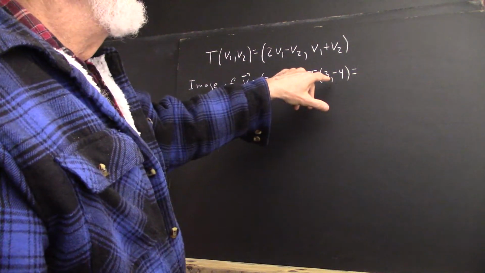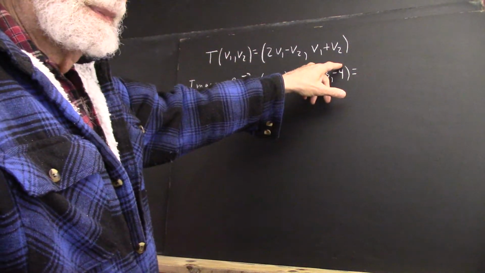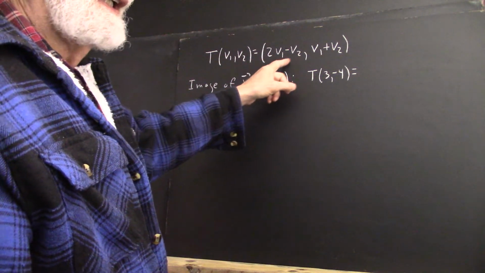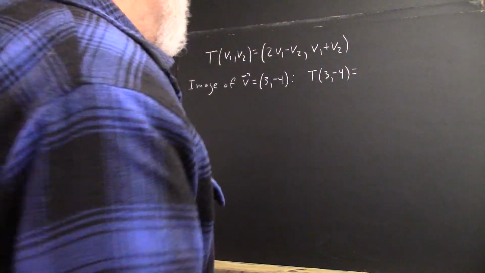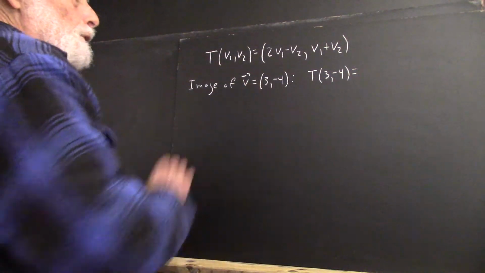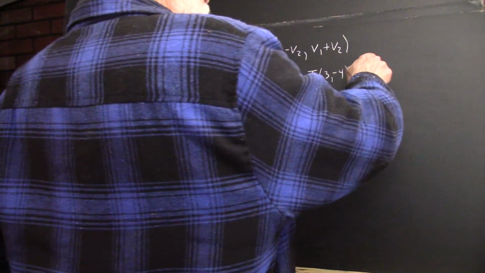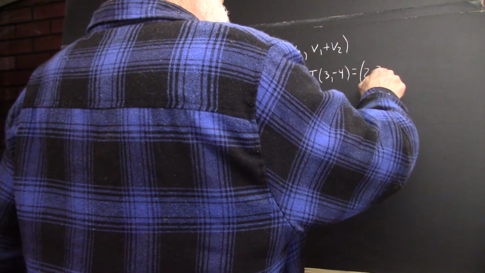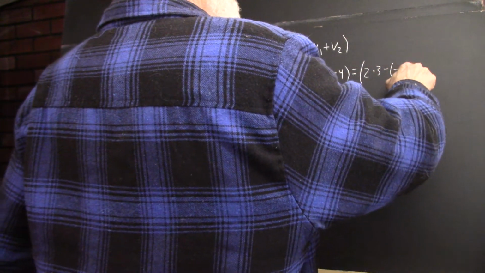Okay, T of 3, negative 4, where T of v1, v2 is this transformation where I specified the constants that I indicated previously as A, B, C, and D. Now it's 2, negative 1, 1, 1. Okay, the image of V equals 3, negative 4. Well, T of 3, negative 4 equals 2 times 3 minus negative 4.